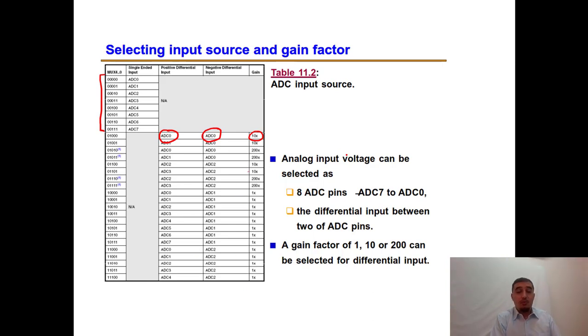So we have different values. Usually we use these values, but if our signal is too weak, we can magnify it by using the gain over here and apply the gain for the circuit.